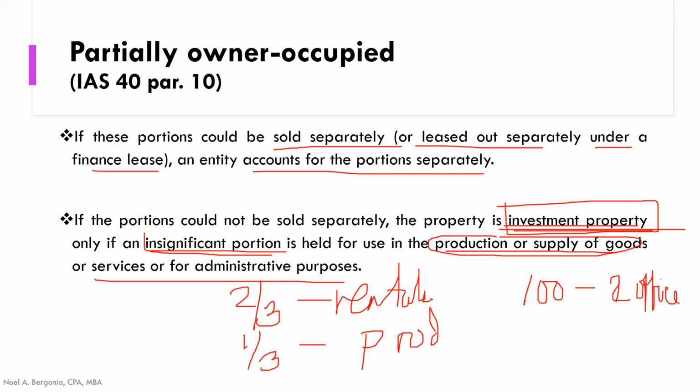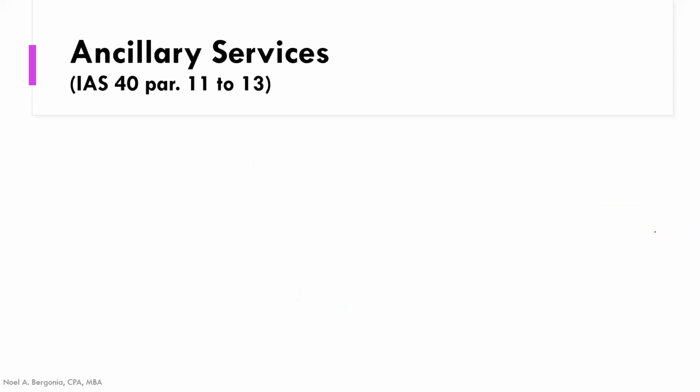Okay? So another concern natin would be providing ancillary services. So ano po ba itong mga ancillary services na ito? So these are actually services provided by the company, no, to the investment property. Okay, example of which, halimbawa, 'di ba, nagpaparenta kayo ng building and then the entity has, let's say for example, a security service.